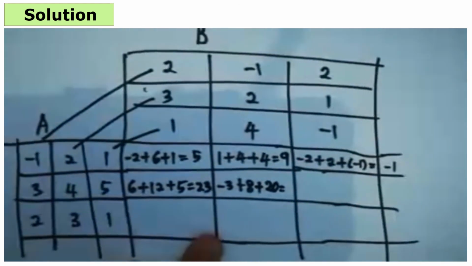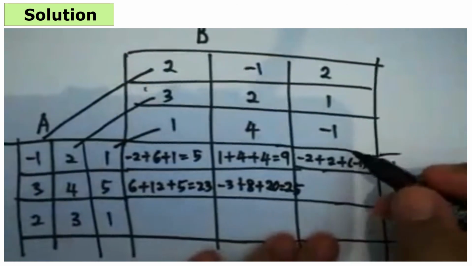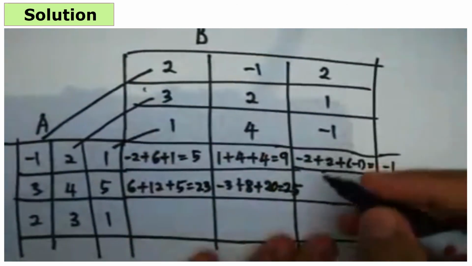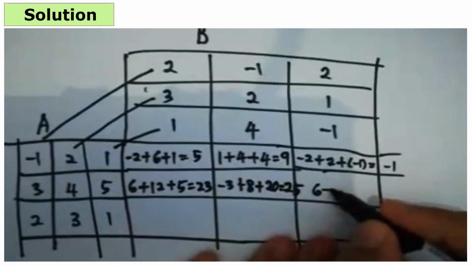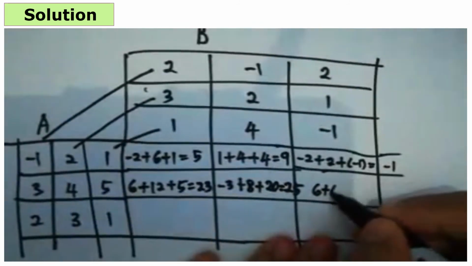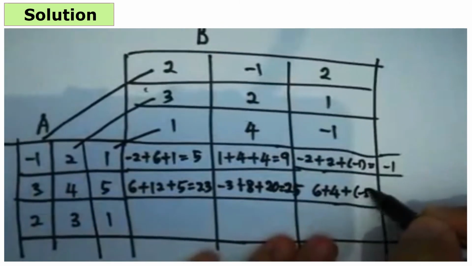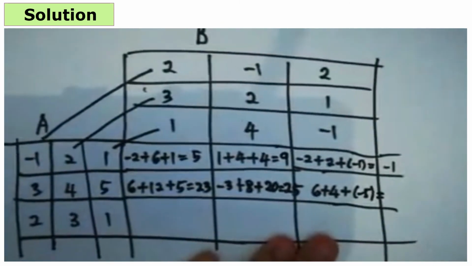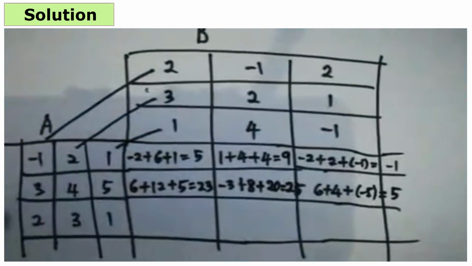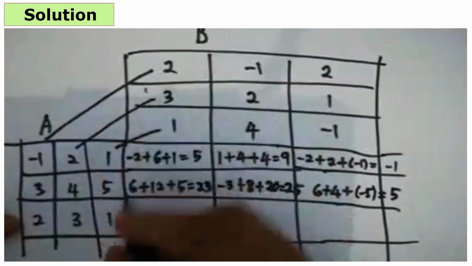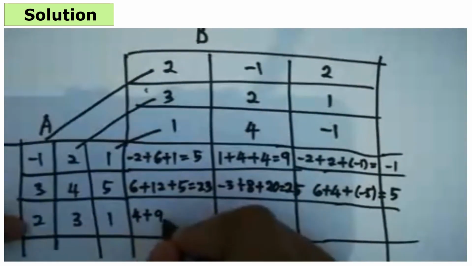So we got 25. And then we have 3 times 2 is 6, plus 4 times 1, 4, plus 5 times -1, -5. So we got 5.